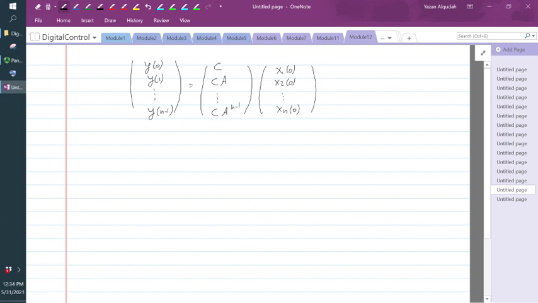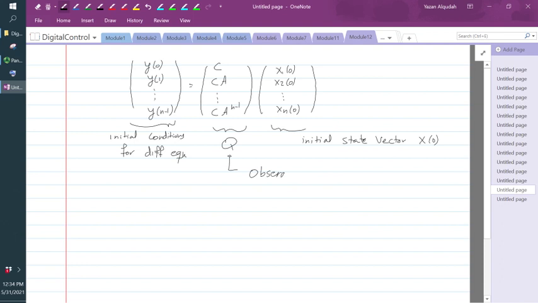These represent the initial conditions for the difference equation. This matrix we're going to call Q, and this is the initial state vector that we refer to as x of 0. This Q matrix we refer to as the observability matrix, similar to the continuous time system.